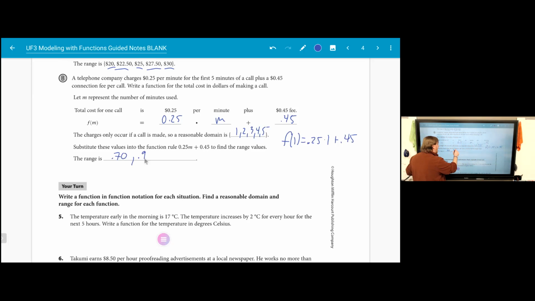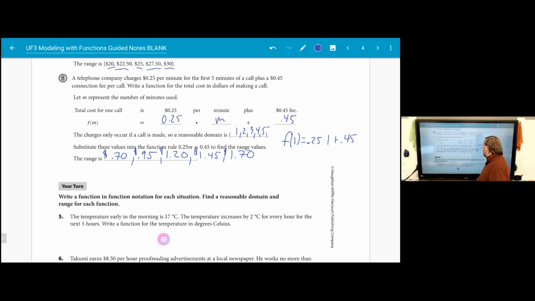With 2 minutes, it's 95 cents. With 3 minutes, $1.20. With 4 minutes, it's $1.45. And with 5 minutes, it's $1.70. Oops, forgot my symbols here. That's how you find the reasonable domains and ranges.